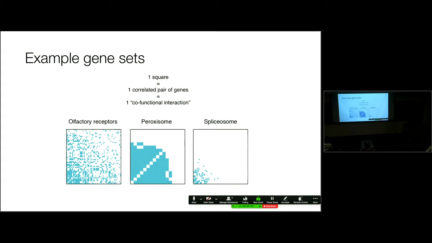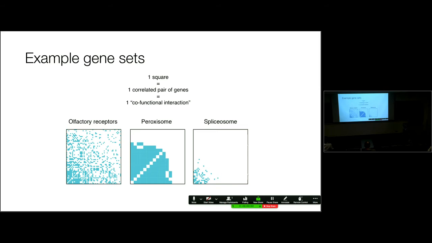Here's the first attempt in my analysis at looking at this co-fitness phenotype. And the key to interpreting these plots is that one filled-in square equals one correlated pair of genes, and that is what I will refer to as one co-functional interaction. So each one of these filled-in things are a pair of genes that are significantly correlated with each other.